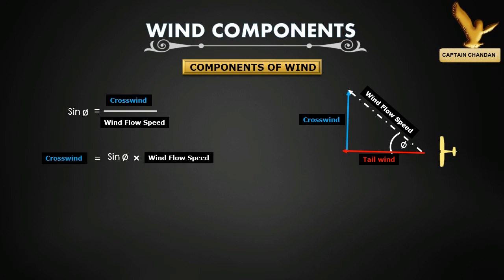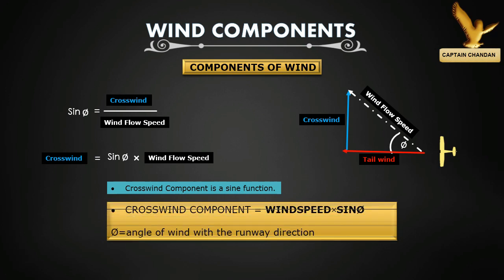After rearranging this, crosswind equals sin theta times wind speed. Crosswind component is a sine function. So we got a formula: crosswind component equals wind speed times sine theta, where theta is the angle of wind direction with the runway direction.